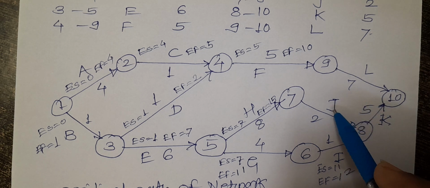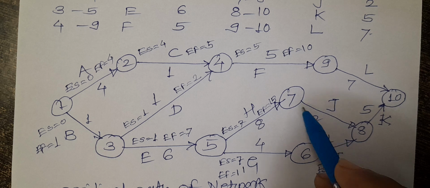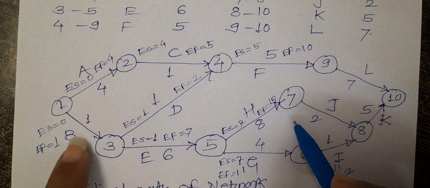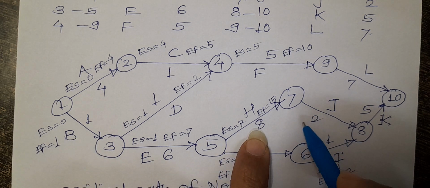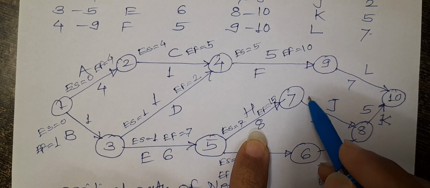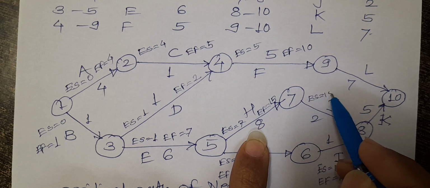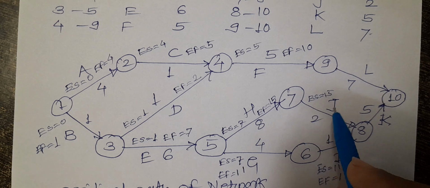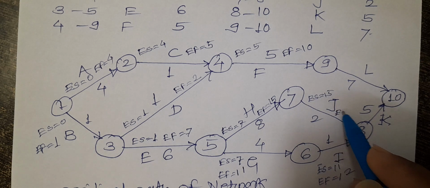Then J. What is the earliest start time for this activity? It is 1 plus 6, 7 plus 8, 15. So earliest start time for this activity is 15. And what is the earliest finish? That is 15 plus 2, 17.